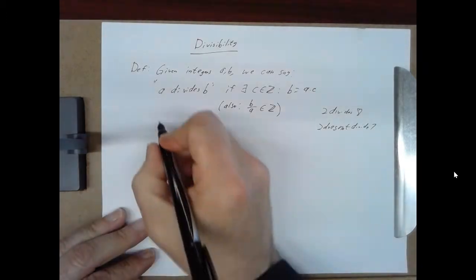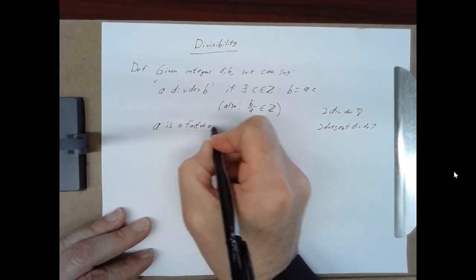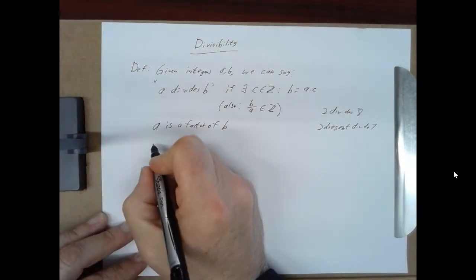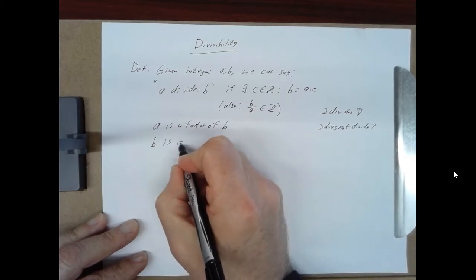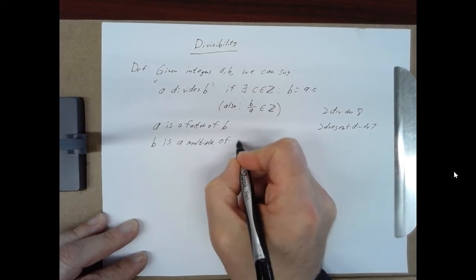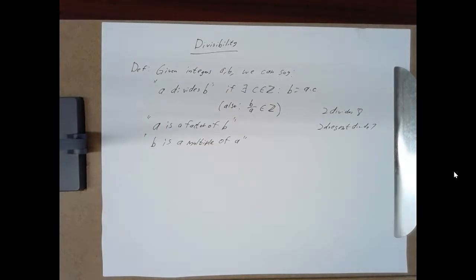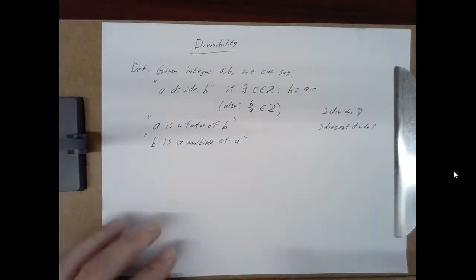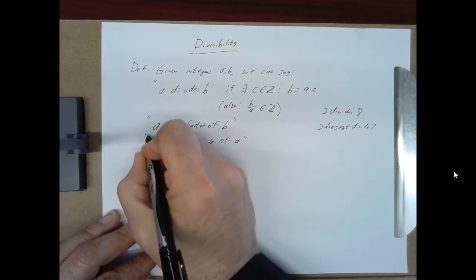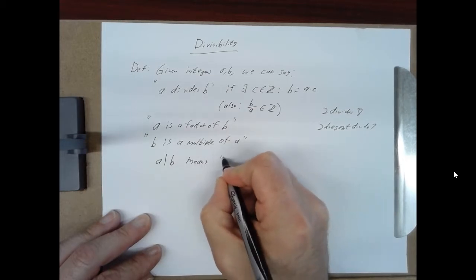Okay, so equivalently we can say A is a factor of B. And equivalently we can say B is a multiple of A. And equivalently, we can write A vertical bar B. So this means A divides B.